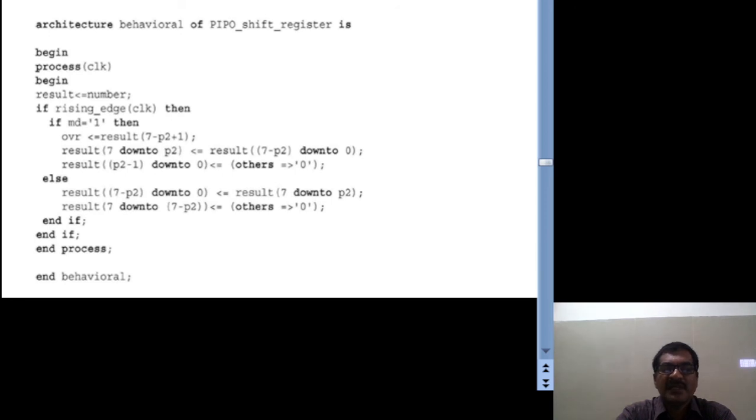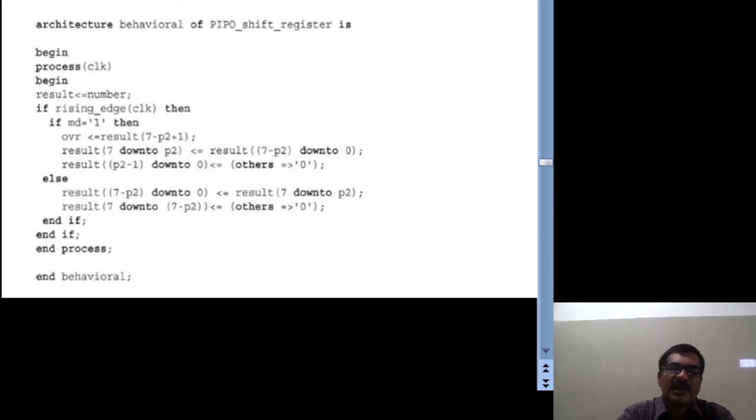So this is the way the multiplication and division operations can be done using shifting techniques, and here we have seen the VHDL program for multiplication and division operations on 8-bit numbers. Here the P2 value is the power of 2. With that power of 2, the multiplication and division can be done. A P2 value of 2 means 2 square, that is 4.